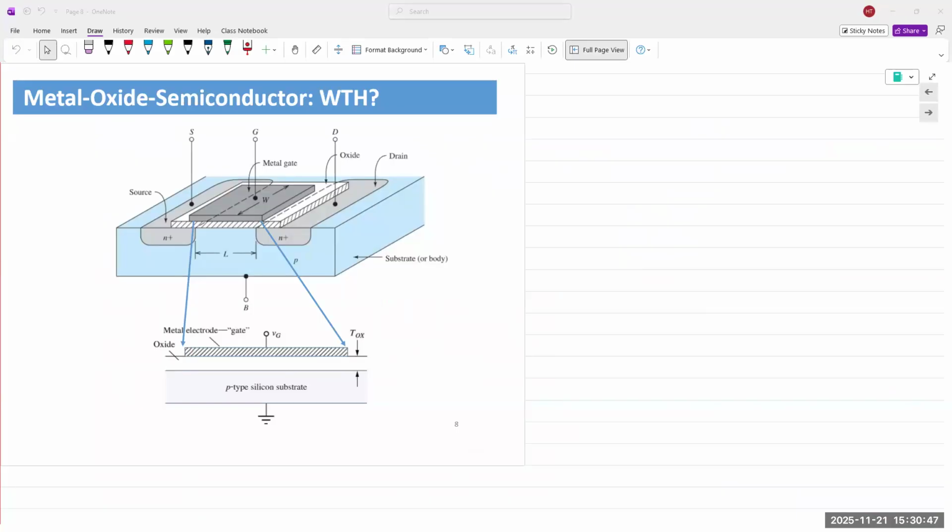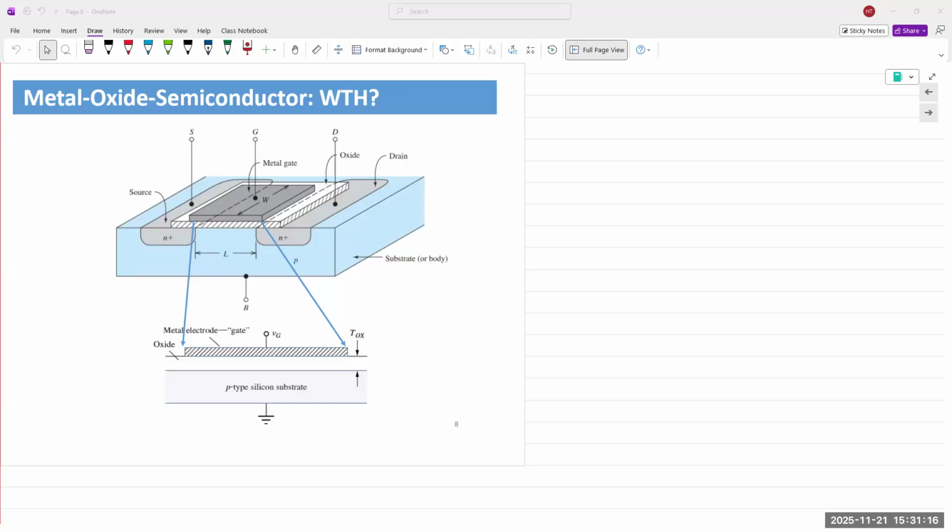What does it actually mean? Does anyone know what MOS stands for, before you looked at this slide? Okay. So the name itself, FET, we already looked at. Field effect transistors. It's a transistor which is controlled by the applied external electric field, right? So it's field effects. Hence FET.